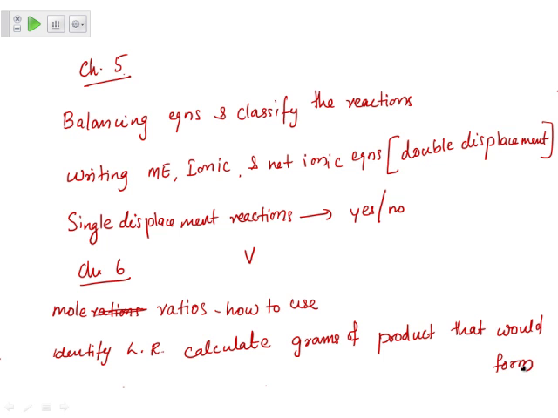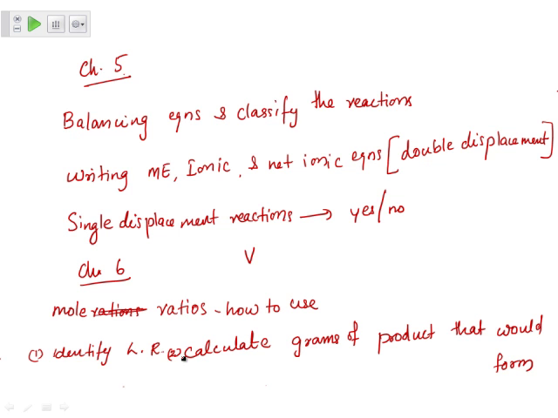Okay, so it would be that two-part question. Identifying the limiting reactant is the first part, and then calculating grams of the product that would form. So there will be a question like that. I think we did a couple of examples in class. So again, a balanced equation is given to you. Amounts of the reactants are given to you.